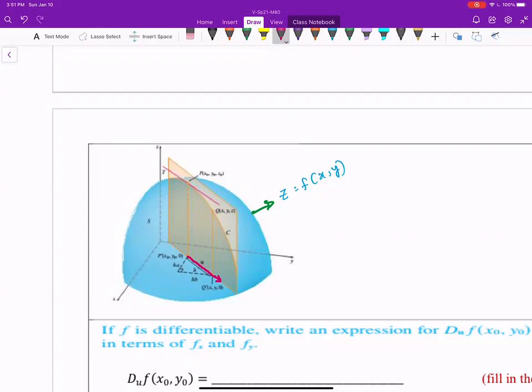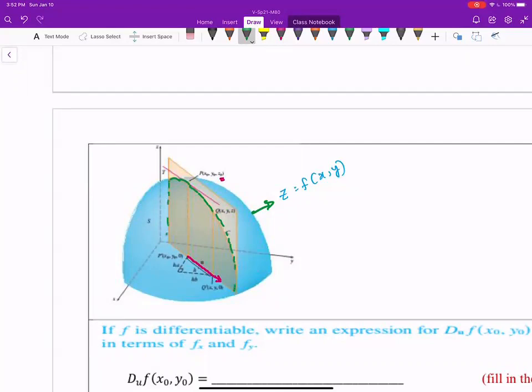Imagine you are raising a wall, a plane through that vector u and also passing through the point P, (x0, y0, z0). So you have a plane passing through the vector u, which intersects the given surface along a curve.